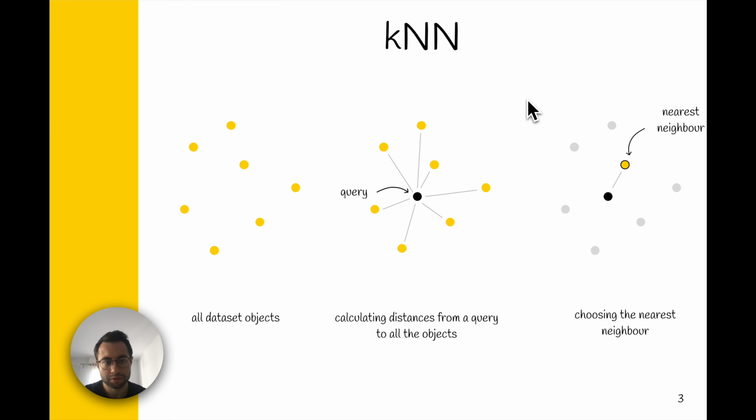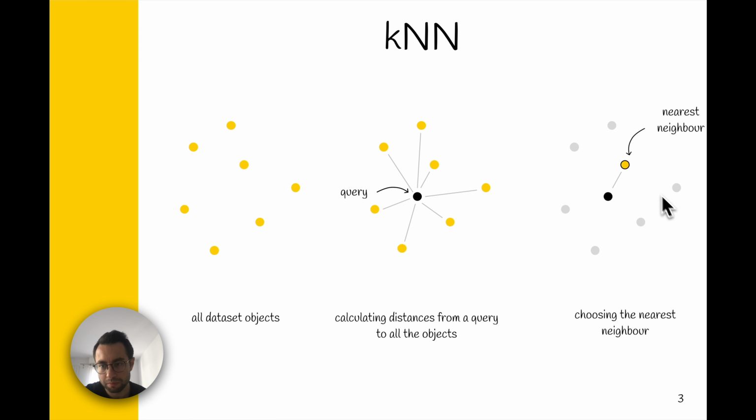And now it's time to talk about the kNN, which is one of the most known traditional machine learning algorithms widely used in classical machine learning. Well, imagine that you have your dataset objects that are depicted on the left. Then you have a query, this black point, and what you basically do, you calculate distances from a query to all the objects.